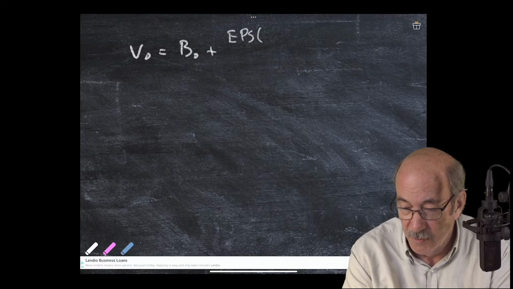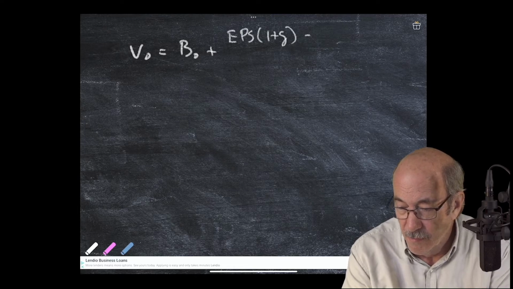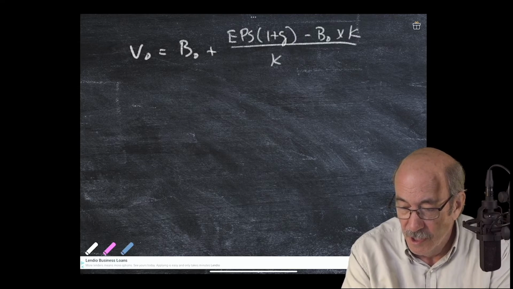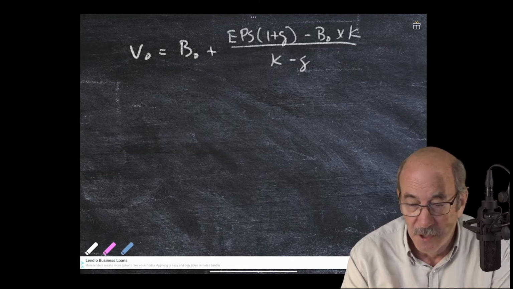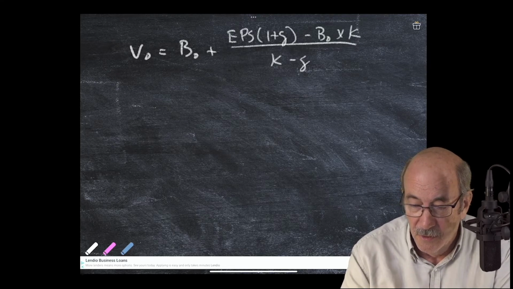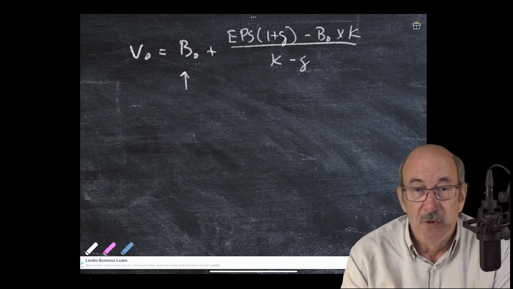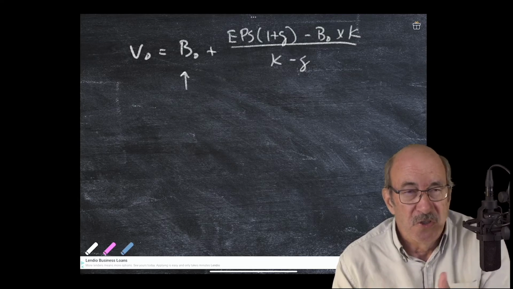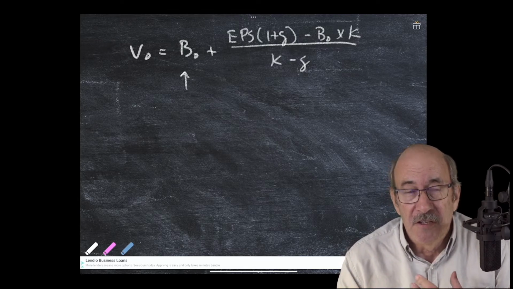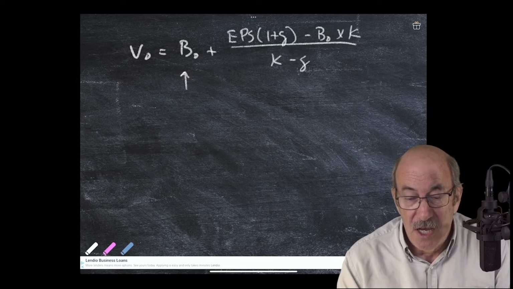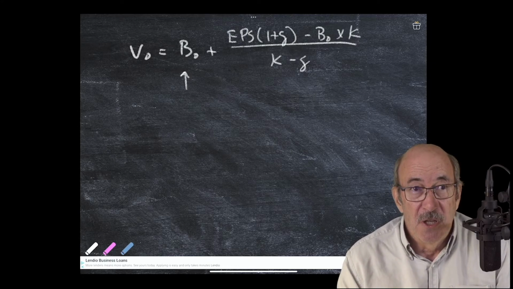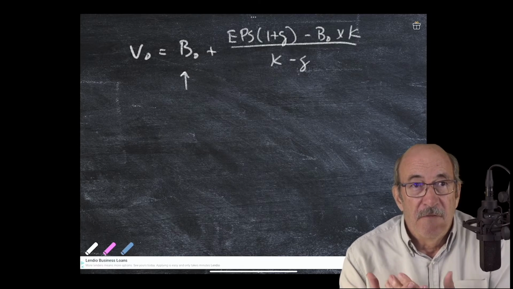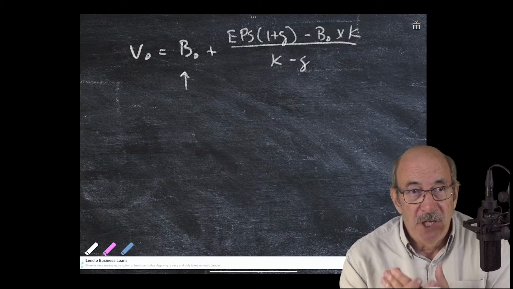So EPS times 1 plus G minus B sub 0 times K, all over K minus G. And just for reference sake, remember that here, unlike the real world where we think of book value as very old, historical and not very closely related to value, in this setting we're assuming that book value is much more closely related to the value of the assets we have in the company today.